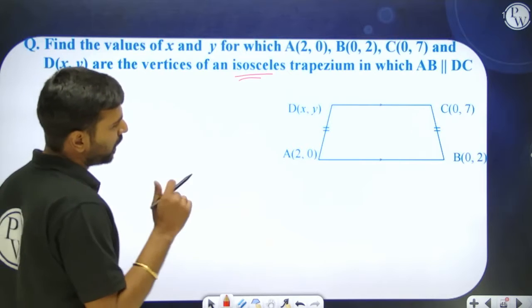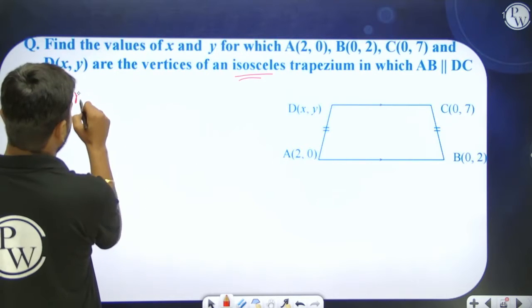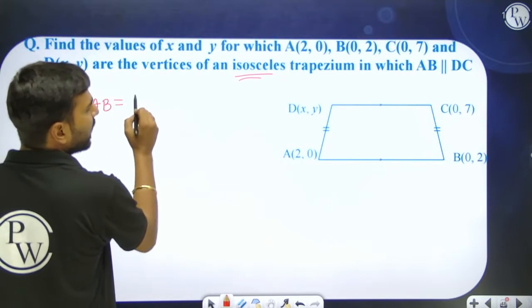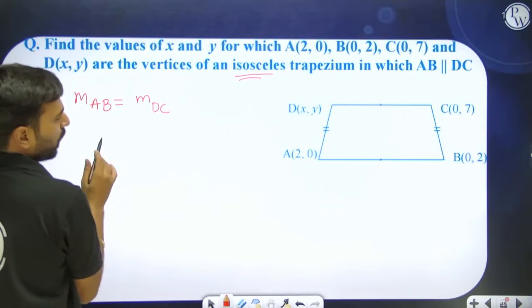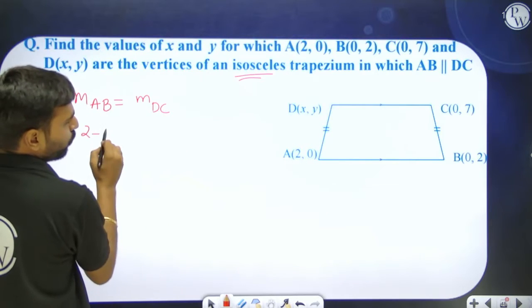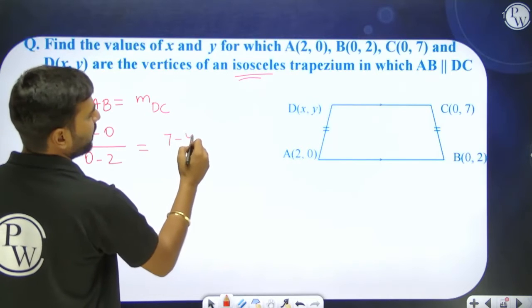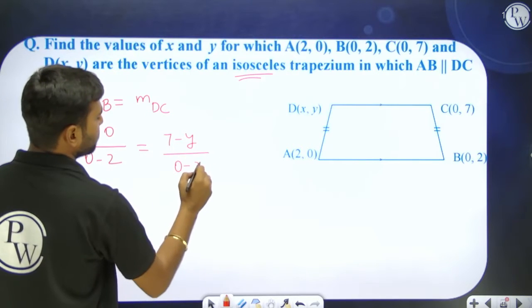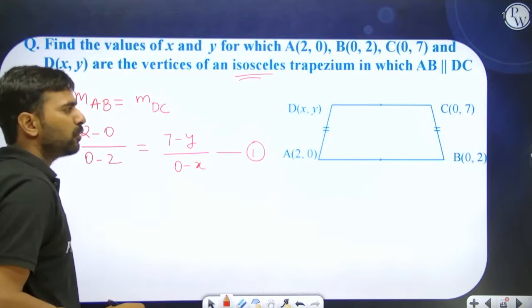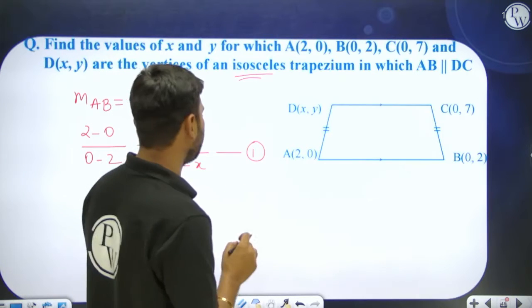Understand that the slope of AB and the slope of DC have to be equal. So the slope of AB, 2 minus 0 upon 0 minus 2, equals the slope of CD, 7 minus y upon 0 minus x. One equation is this, and also AD will be equal to CB.